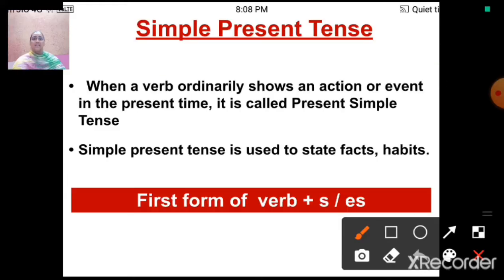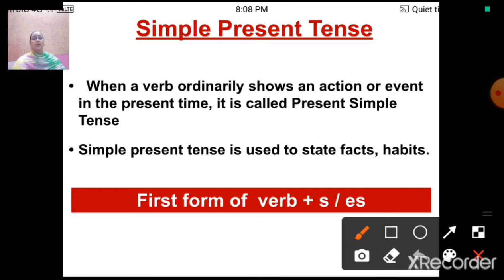Now students, let us first understand what is simple present tense. When a verb ordinarily shows an action or event in the present time, it is called present simple tense. Simple present tense is always used when you are stating facts or your habits or general truths or your routine work.